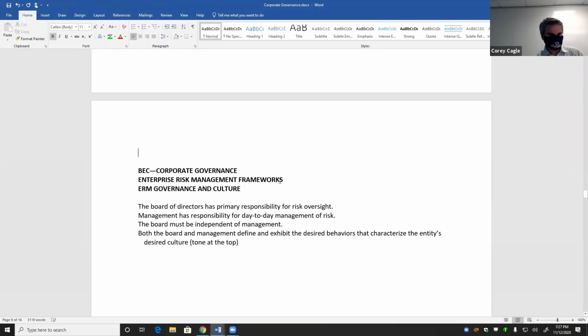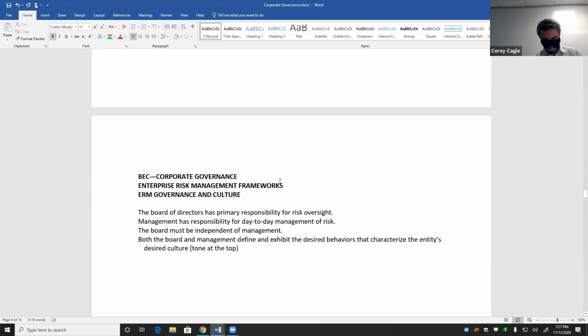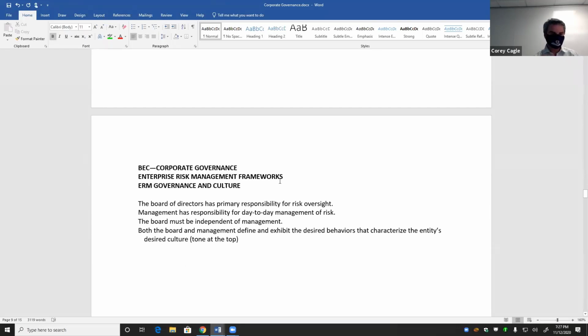So each of these sections drills into each of those things, governance and culture. There's no real new information here. The directors is the primary focus. We already mentioned all of this. Board independent of management. There's really nothing new here.